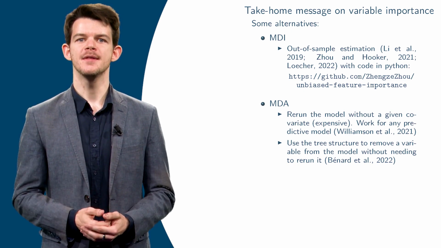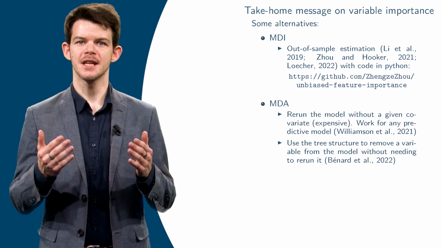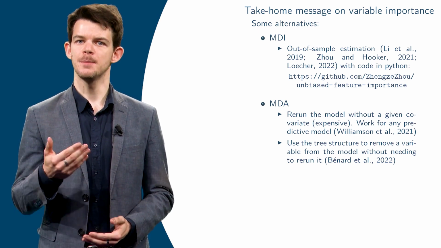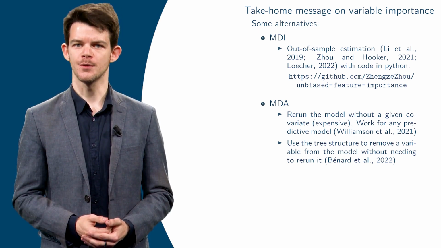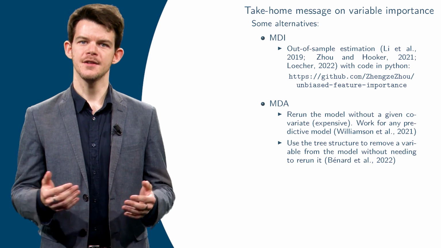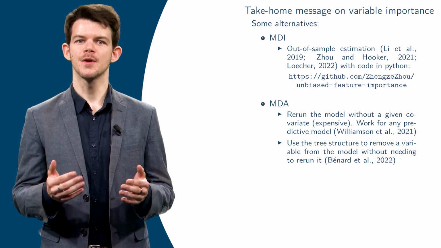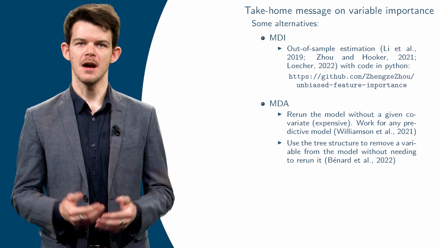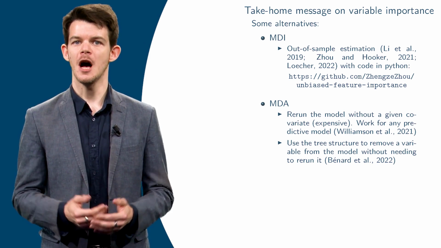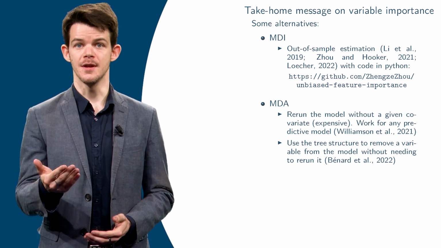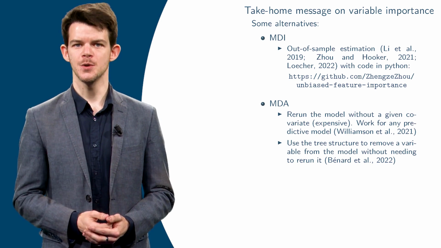Also, remember that these importances have no intrinsic interest. Their relevance depends on the problem you are trying to solve. Understanding variable importance is a current research issue. Alternatives to classical measures are proposed, including those presented here, and I strongly encourage you to use them.